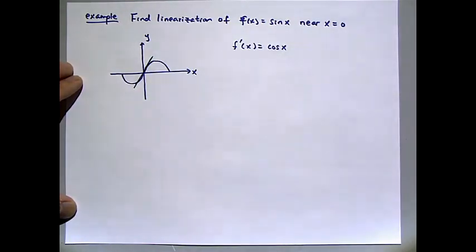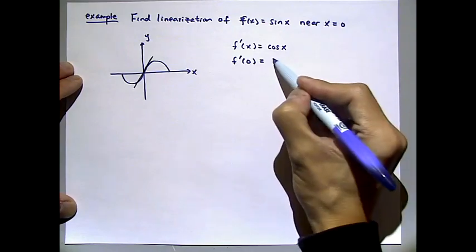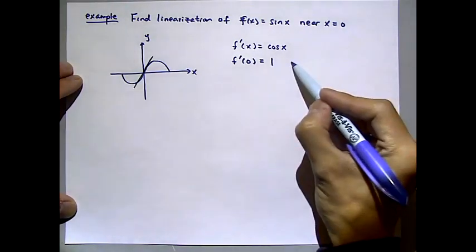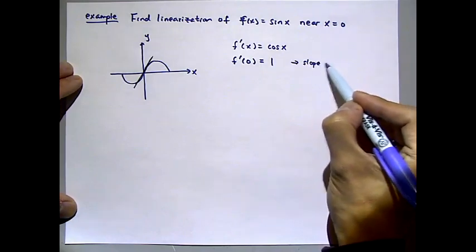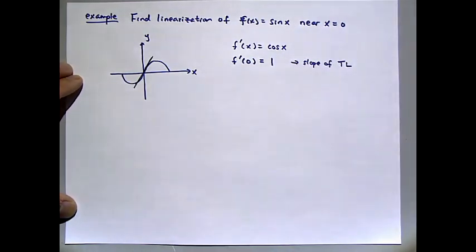Okay, so we first find the tangent line slope. So f prime of 0 is 1, right? Slope of tangent line. I use TL to stand for tangent line.